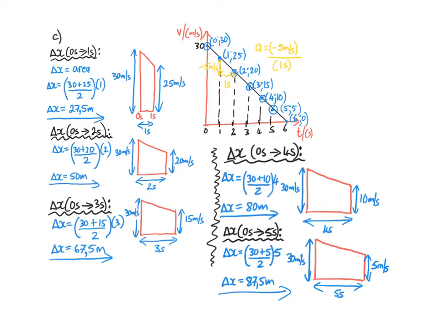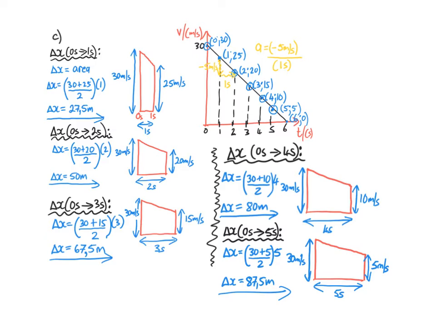Now, using exactly the same method that we used previously, we are going to work out the area under the velocity time graph for each of these time intervals, but always starting at 0 seconds, because we want to plot the total change in position of the object with respect to where it originally was at 0 seconds.